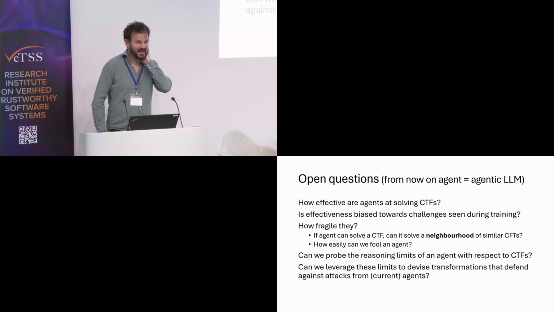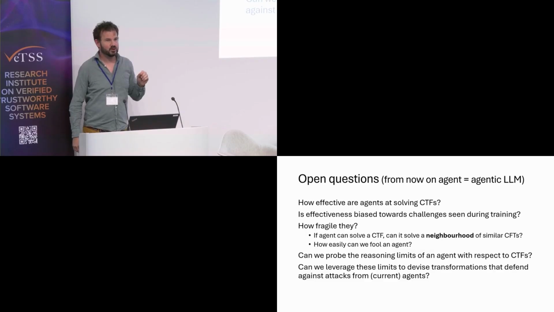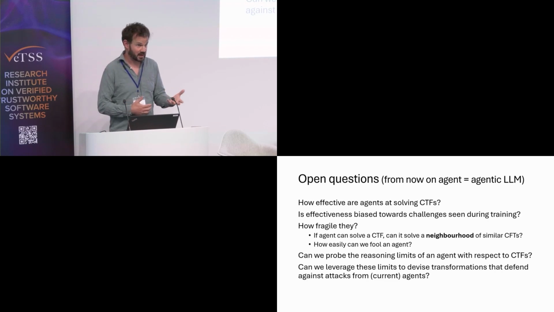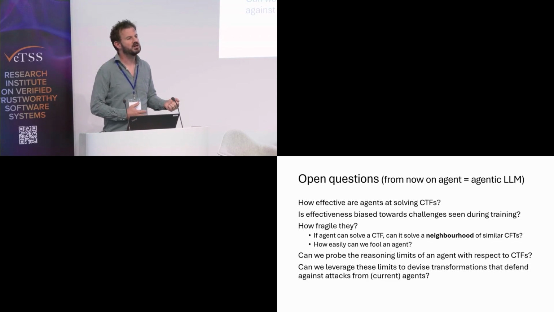And related to that, more generally, could we use techniques from software testing to probe the reasoning limits of agents with respect to cybersecurity challenges? And could we leverage those limits to potentially defend our current systems against current agents?